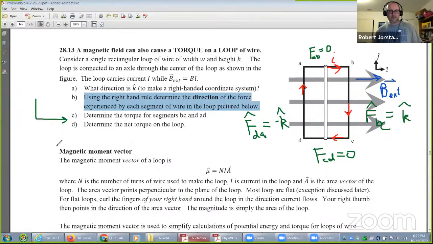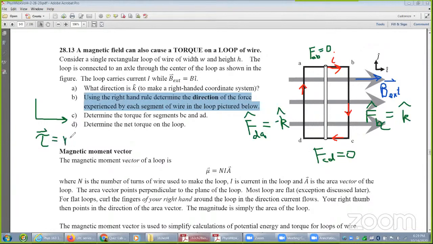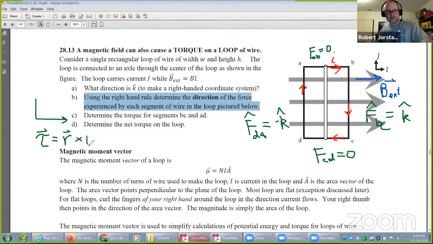So now I want to get the torque. Can somebody remind me any equation you know for torque? What is an equation for torque? R cross F. R cross F. Now that's great.